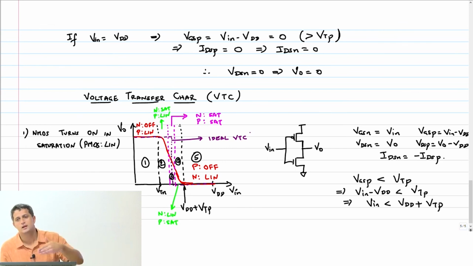If it does land, then the output becomes a random value dependent on noise. We'll come to this later, but for now I am just giving you the intuitive picture of how the voltage transfer characteristic is different from the ideal VTC that we wanted.